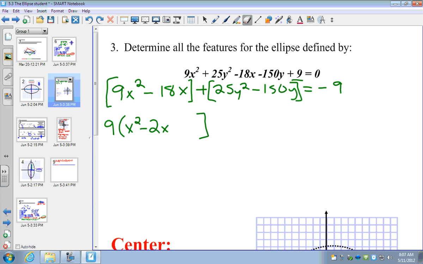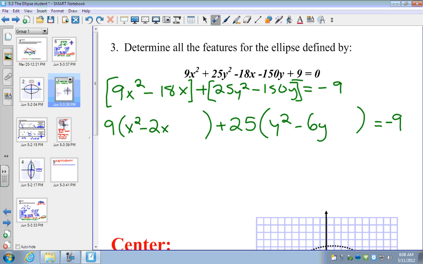Let's do some similar brackets. Here I'm going to take out a 25. I'm going to have y squared minus 6y, and I'm going to leave space because I'm going to complete the square, is equal to negative 9.